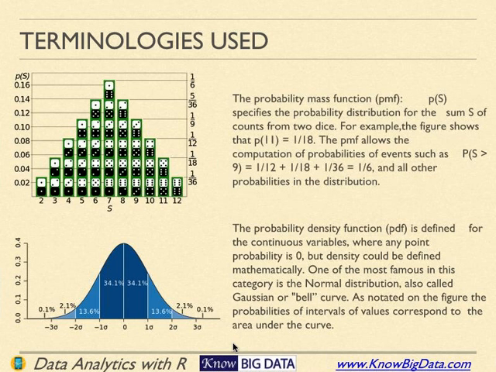In your class, if there are students and you try to note down their marks, you will find that towards the middle of marks, towards 50%, there will be the maximum number of students, while candidates having only 1, 2, 3, or 10 marks will be on the lower side.